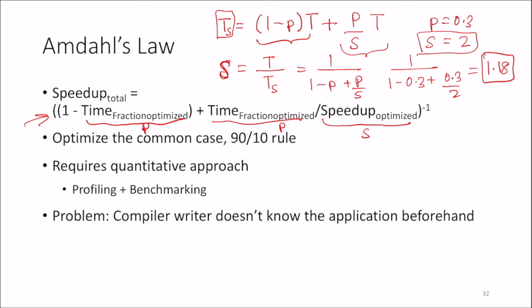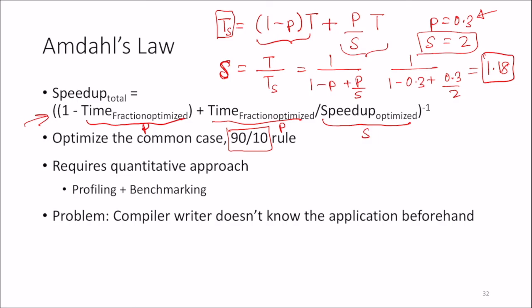So don't get your hopes up that code optimization will have a huge impact, especially if the percentage of the code that is optimized is not that much. It depends a lot. So what we want to do is optimize the common case. This is the 90-10 rule. Always pick the innermost loop that is executed a lot and optimize that. That's going to give you a better result.